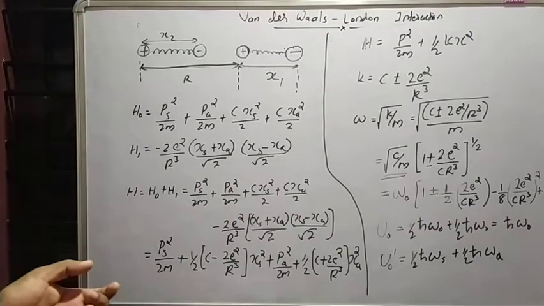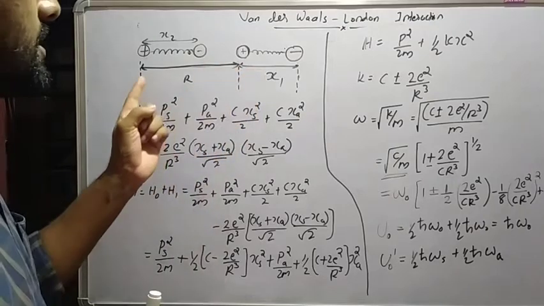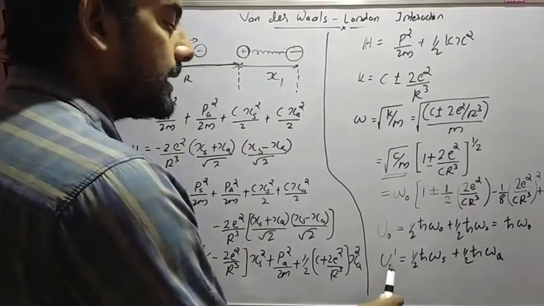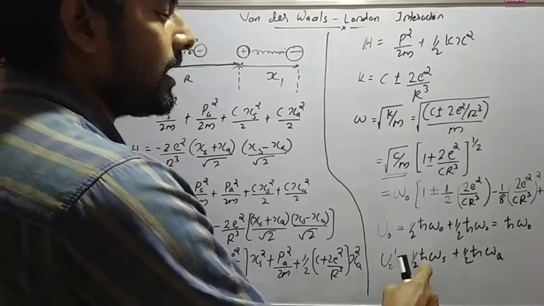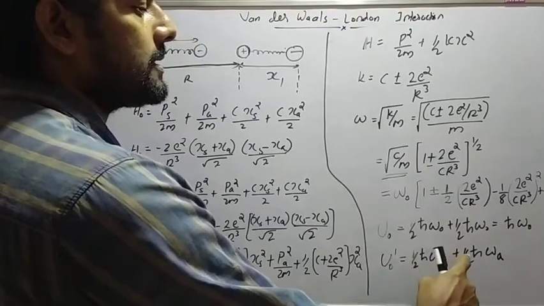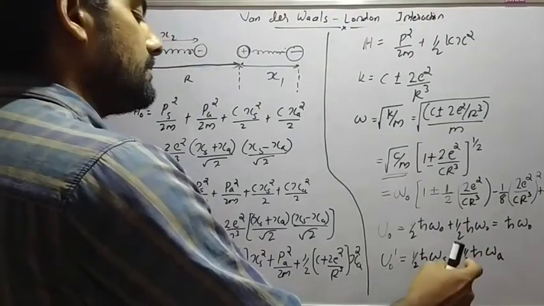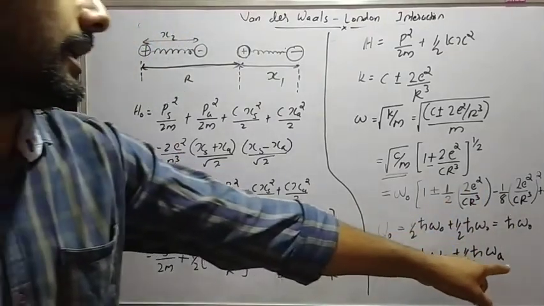When we consider these two coupled oscillators, we get the interaction energy, the potential energy U naught dash, equal to half h cross omega s plus half h cross omega a, where omega s is the symmetric angular frequency and omega a is the anti-symmetric angular frequency.